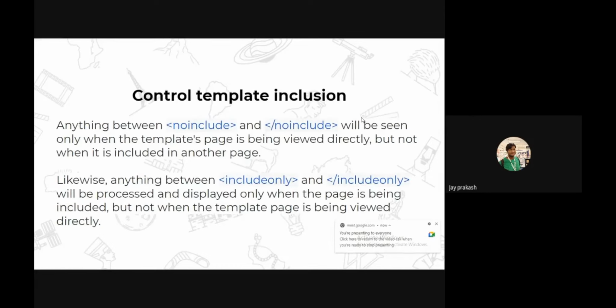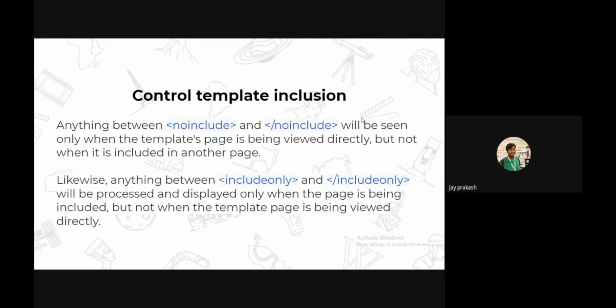Now one more thing is that whenever we use templates, there are some things we want to include in the pages where the template is being called, and some contents, like documentation of the template, we don't want to include in the pages where it is being called.